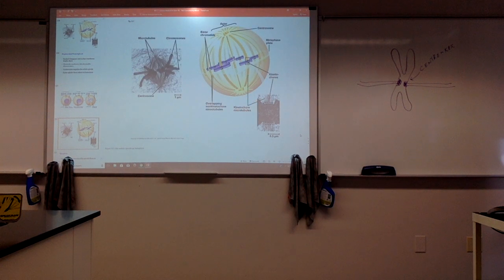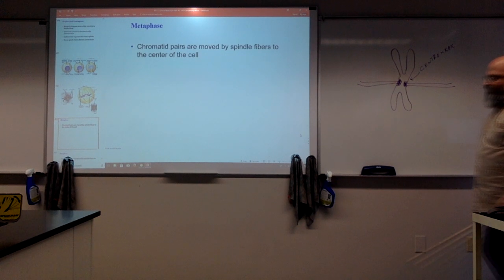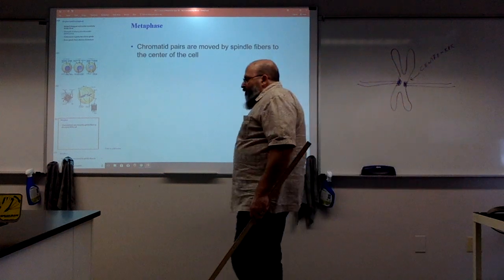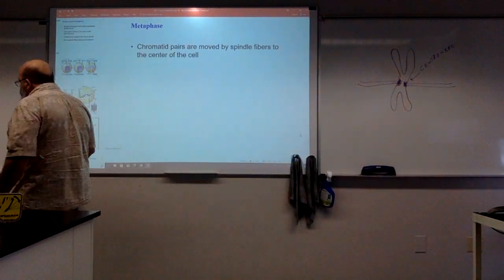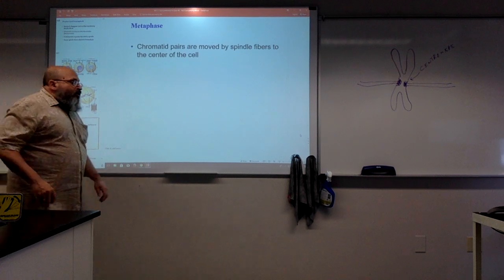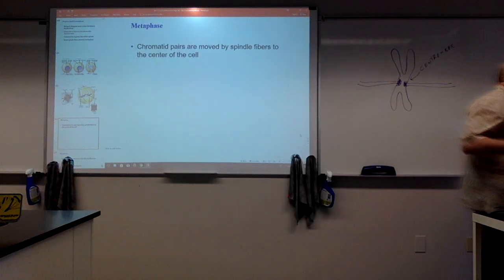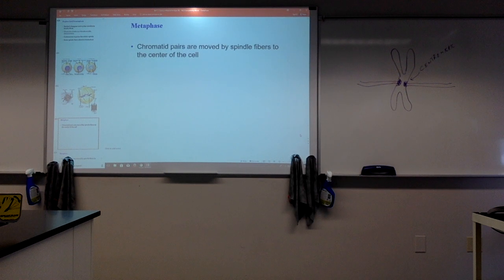So now we're done with prophase. We're going to metaphase. So what happens during metaphase? Well, if you kind of remember with the beads and with some of the slides that I showed up here, during metaphase the chromatid pairs are going to be moved by the spindle fibers to the center of the cell.